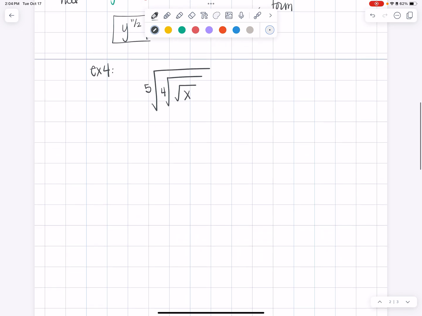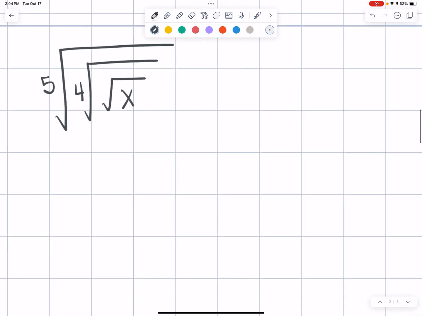All right, and then the last one, example 4, looks kind of crazy because I've got a radical on a radical on a radical. First thing I'm going to do is go all the way to the inside, and I'm going to start with that radical all the way inside.